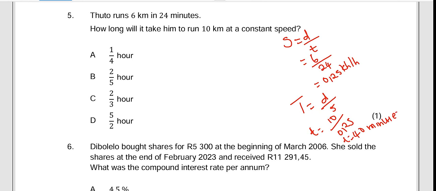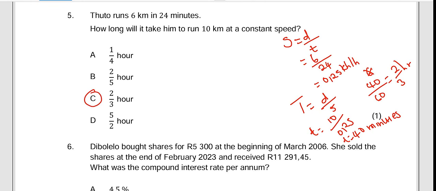But because we are looking for hours, we know that we have 60 minutes in an hour, guys. I will divide this 40 by 60 in order for us to get time in hours. So it's going to be 40 divided by 60, which is 2/3 hour. And then the answer is C. The answer is C, guys.